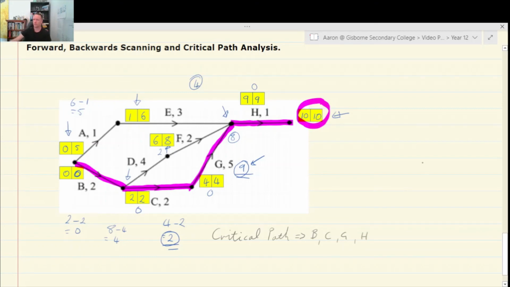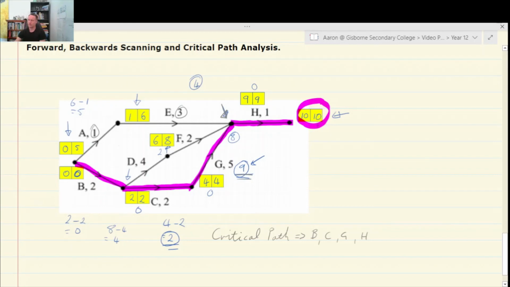All right, so that's how we do forwards and backwards scanning. So remember, forward scanning, occupy the first box, add up the time of each successive activity, and when you get to a point, this point here, where multiple activities merge, then you take the highest value of all those activities.